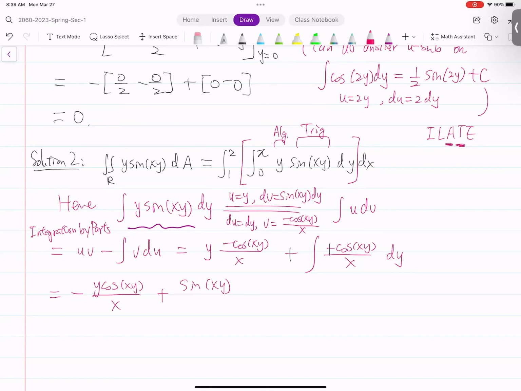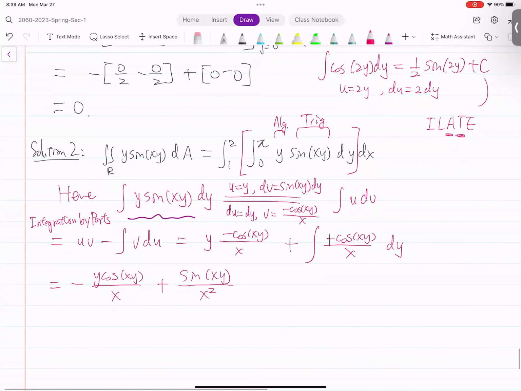This is once again a function with respect to y, so you need to divide by x because of the chain rule, giving x squared in the denominator. Also, make sure to verify: if you differentiate with respect to y, it's cosine of xy times x, divided by x squared. That gives you that.